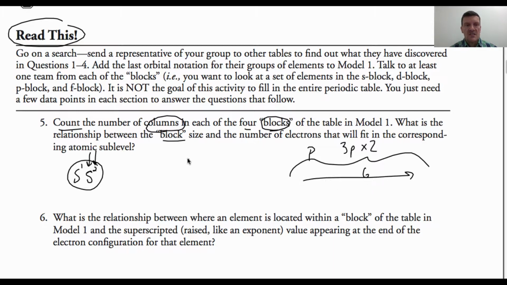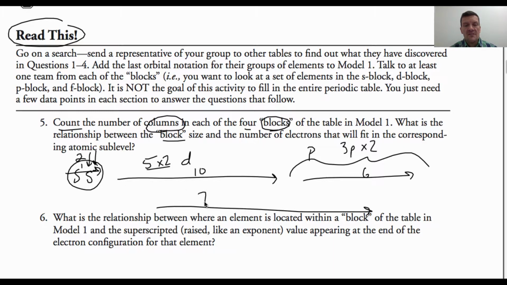And then as I mentioned, for the D, there are 5 D orbitals times 2 electrons each. That's why you've got 10 columns for your D block. As I mentioned already, there's only 2 for the S. And then down here, the F, there are 7 F orbitals times 2 electrons in each. That's why you've got 14 columns for your F block.